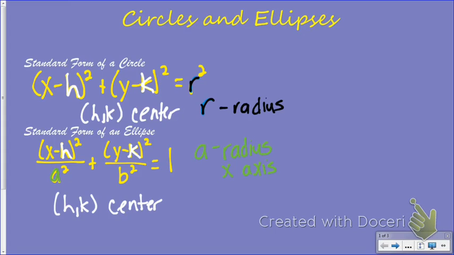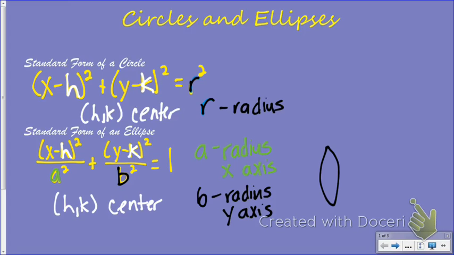The b, that's the radius of the y-axis, because it's underneath the y. So if you think about this one, if that b number is bigger, then that ellipse is going to be bigger up and down. But if that x number is bigger, that one's going to be bigger side to side. That's how we can tell if it's a vertical or a horizontal ellipse.